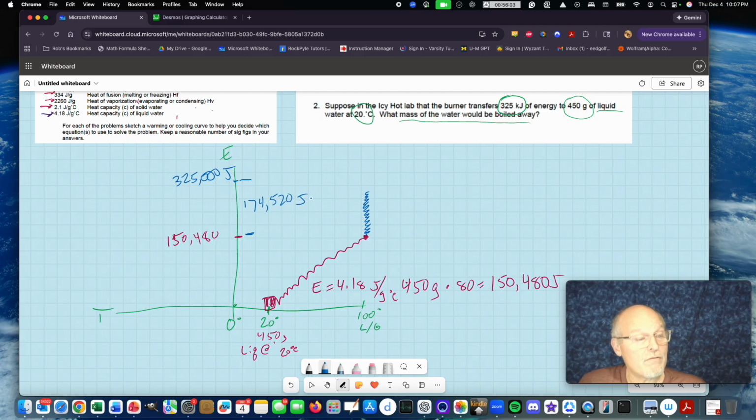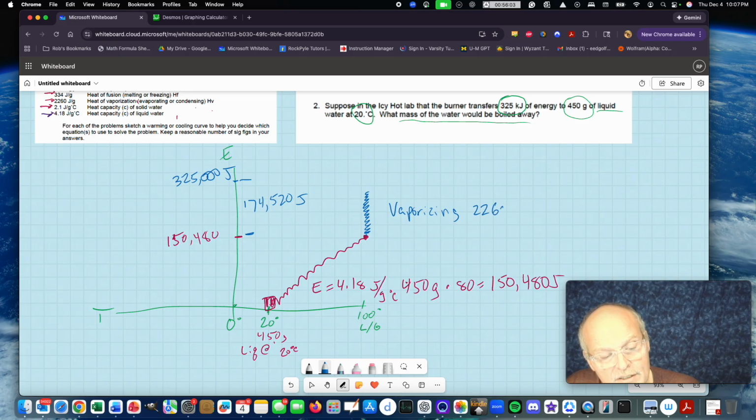So let's think about, from our constants up here, what am I going to be doing? I'm going to be vaporizing, which will cost me 2,260 joules for every gram times the weight of liquid that becomes gas, but I already know that's going to equal 174,520.